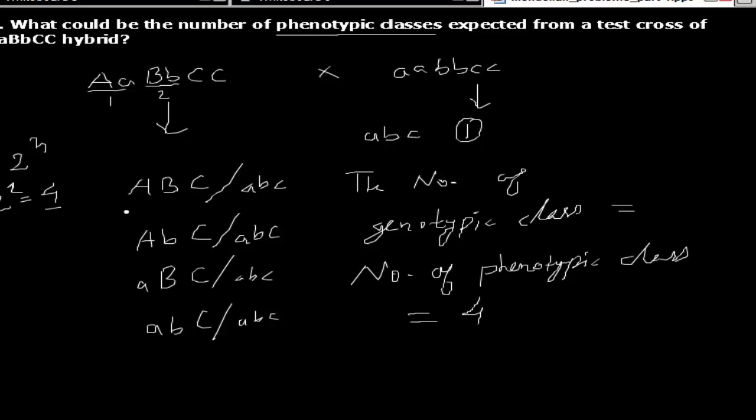What are the 4? This is the first genotypic and phenotypic class, this is the second one, this is the third one, and this is the fourth one.